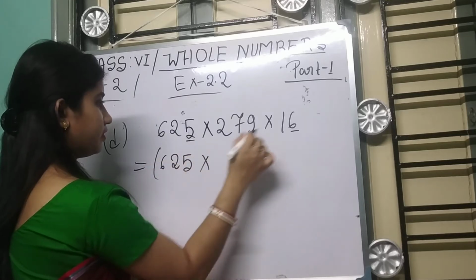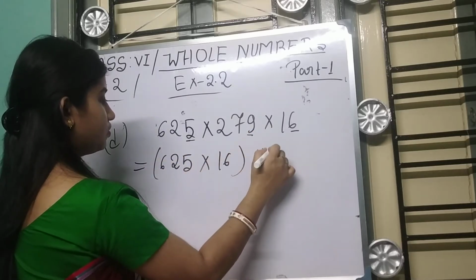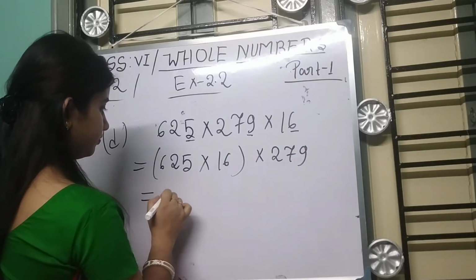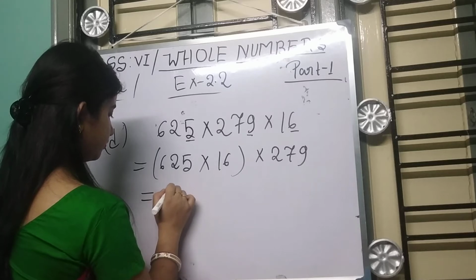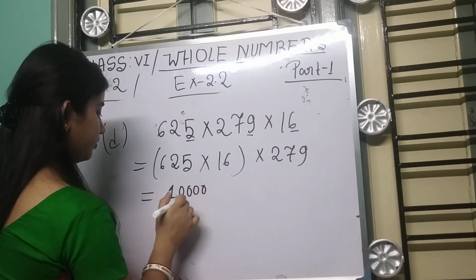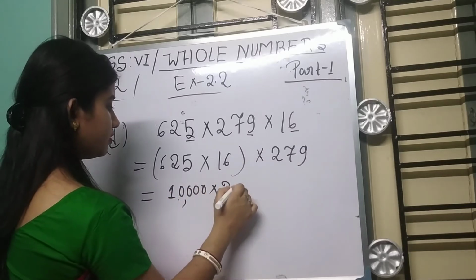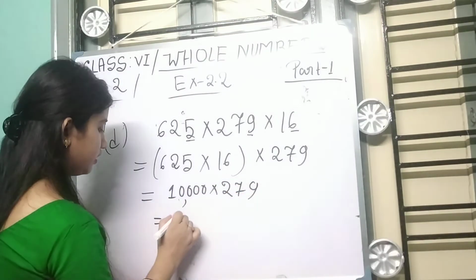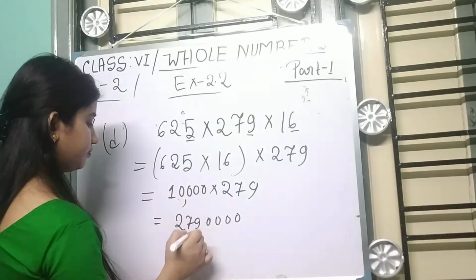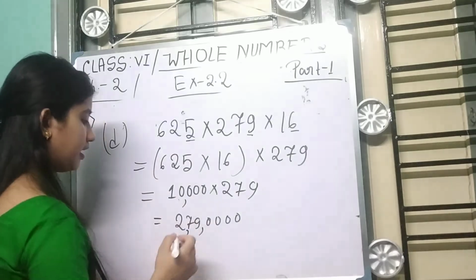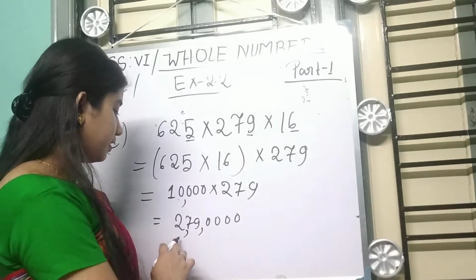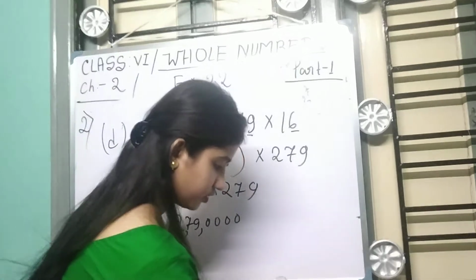So 625 into 16, and next 279. So we get this is 10,000 into 279. So we get 279 with 4 zeros, 2,79,00,000. So this product value is 2,79,00,000.